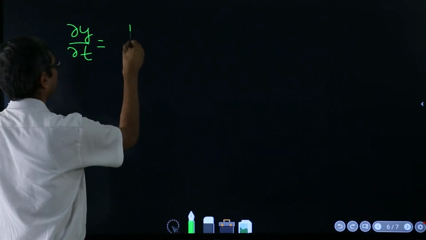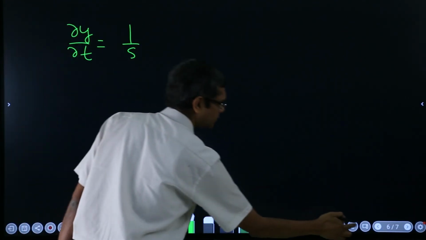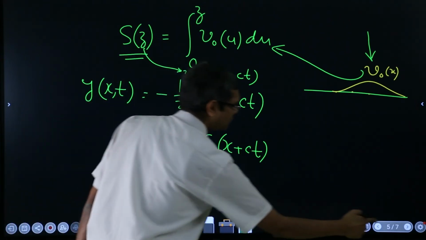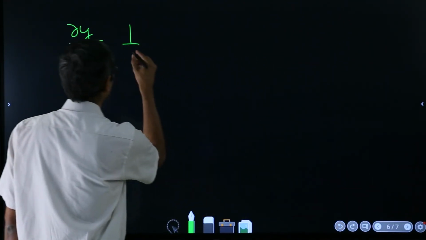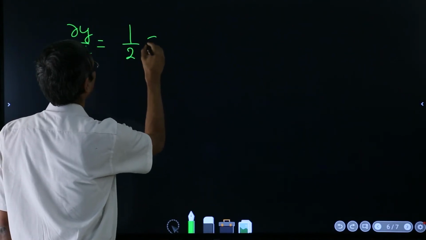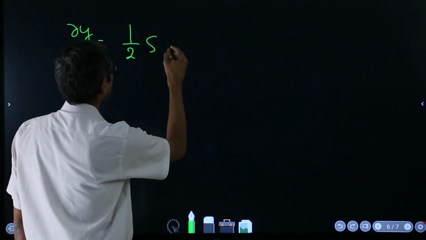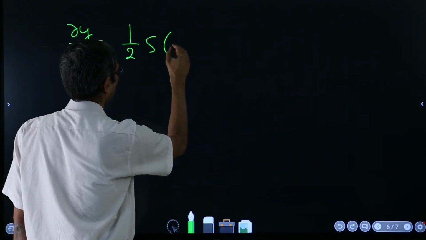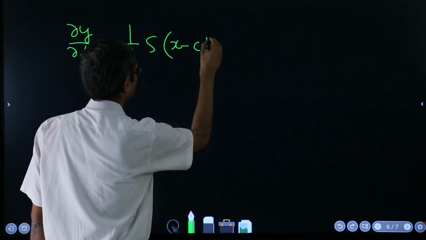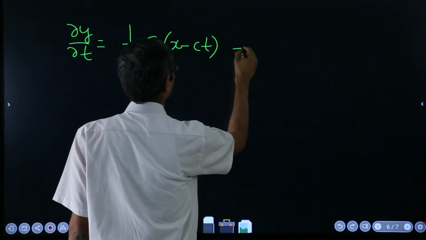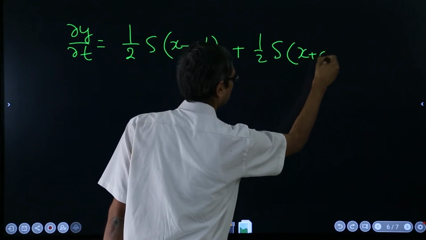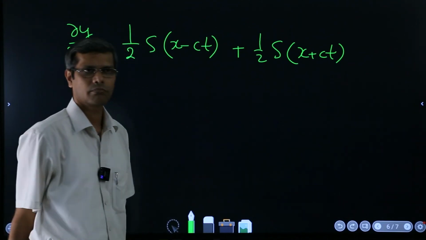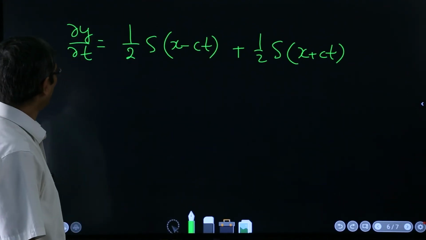So you will have 1 over 2 S of x minus ct plus half S of x plus ct.